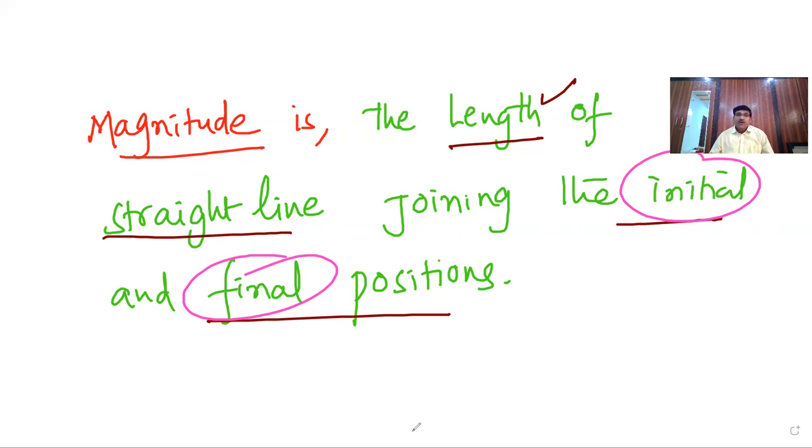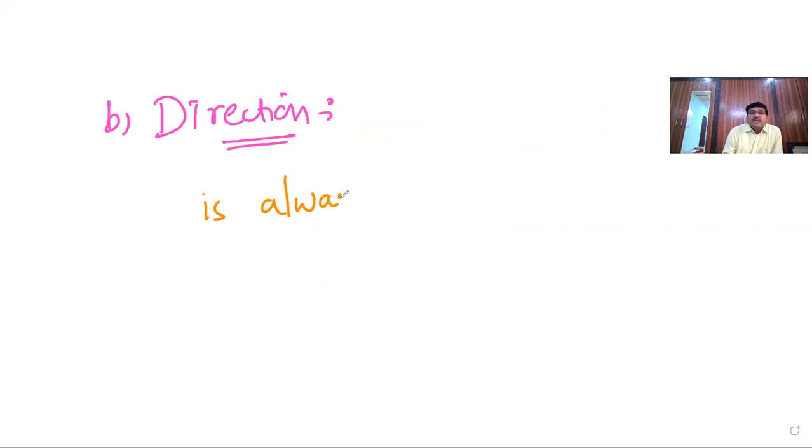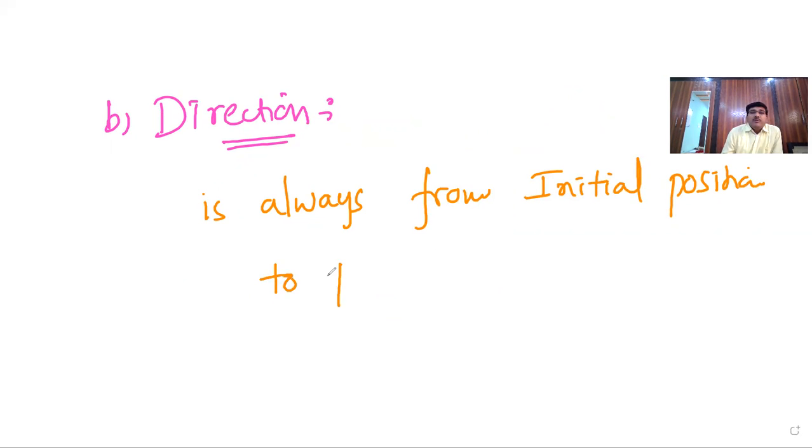Clear? Now, what is its direction? Let us see the direction also. Because it is a vector, it is having a direction. What is its direction? Direction is always, be careful with my wording, from initial position to final position.